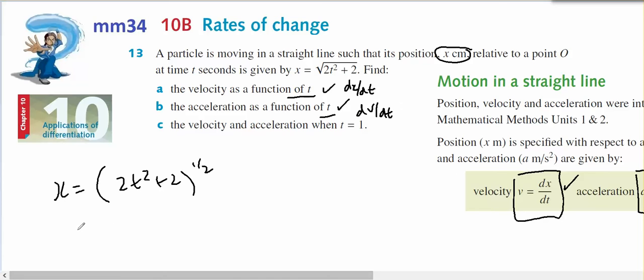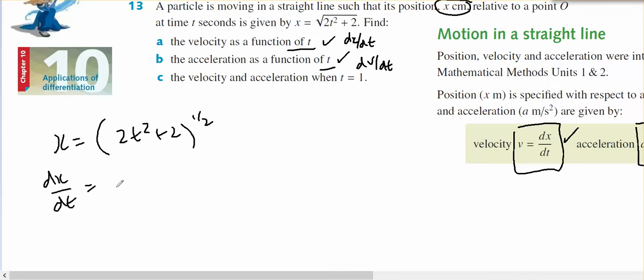So the first derivative is dx/dt. I've got a chain rule happening here. Taking the derivative with respect to t, it's going to be a half times that something to the negative a half, and then the derivative of the inside is 4t.